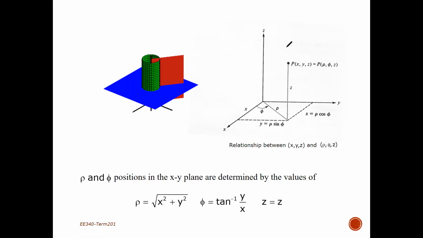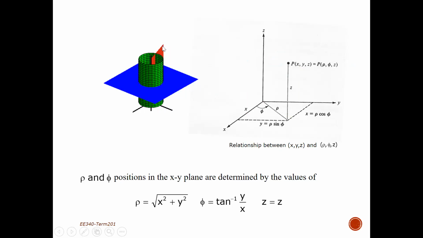It will be on a cylinder like this, and this will be the radius of that cylinder. Then you have phi. So how do you define phi? Phi is called the azimuthal angle.